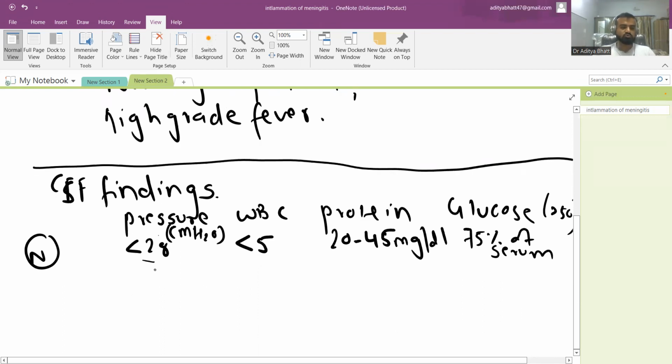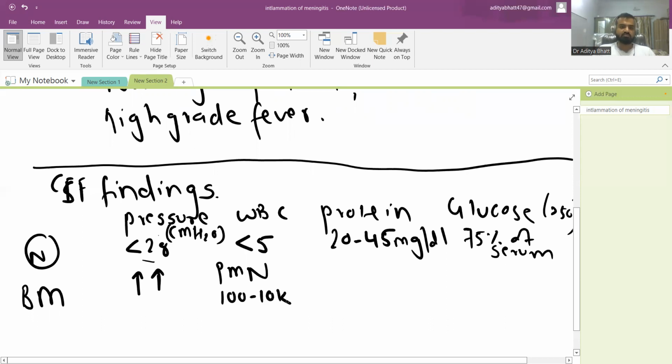Now, what do you see in bacterial meningitis? In bacterial meningitis, the pressure is increased. The picture is PMN predominant and WBC may be 100 to 10,000.